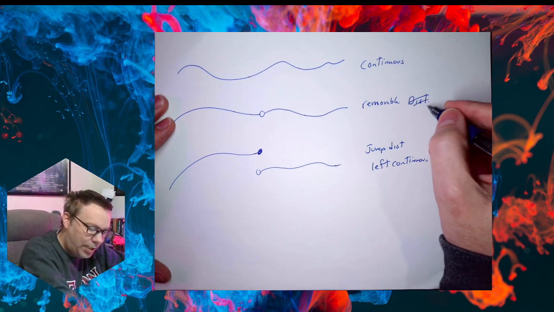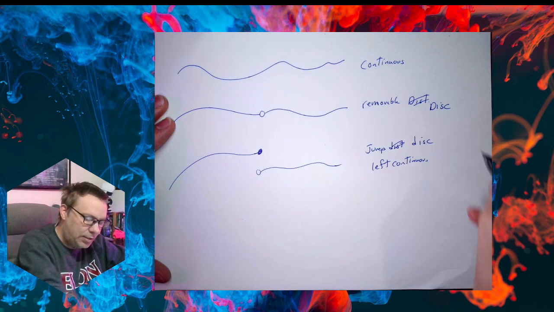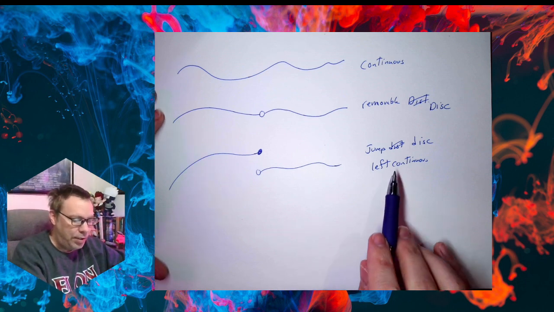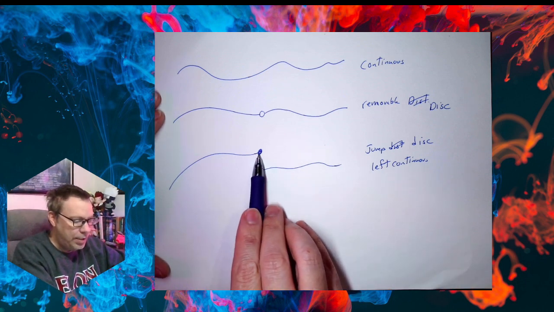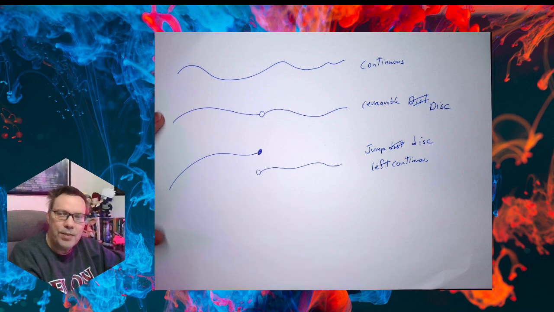I don't know why I wrote it like this, but that's okay. Left continuous. The filled in dot, the functional value, is attached to the left side of the break.